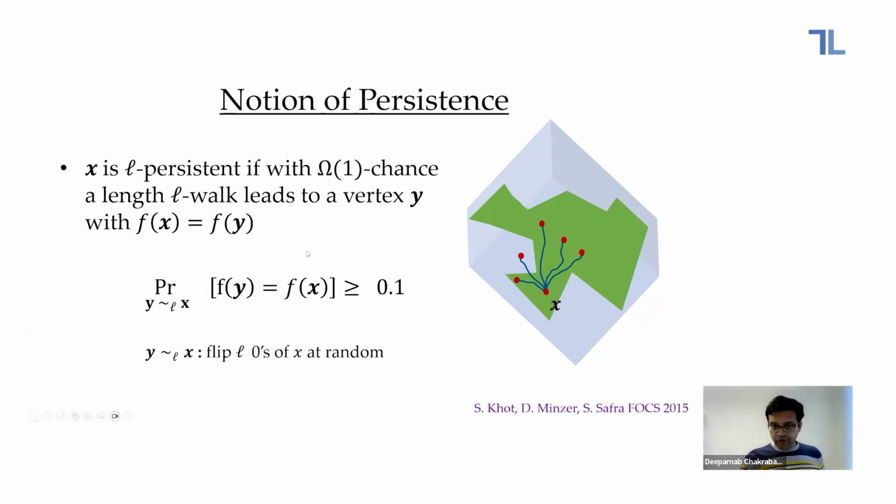More formally, X is L persistent if the probability that the function value of Y equals the function value of X, where Y is distributed by flipping L zeros of X at random, is at least some constant probability, 1 by 10. Then I call X L persistent. Is this definition clear?